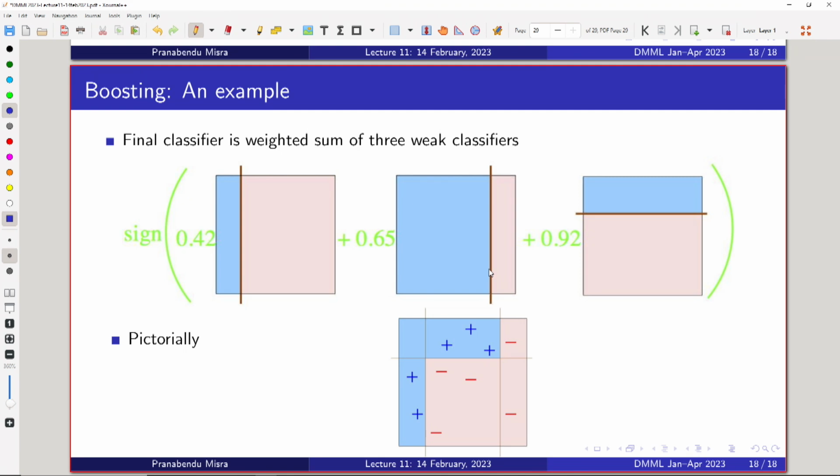That is a very strong classification power. Almost any kind of data that can be separated into two halves by some kind of curve can possibly be approximated by AdaBoost using these things.